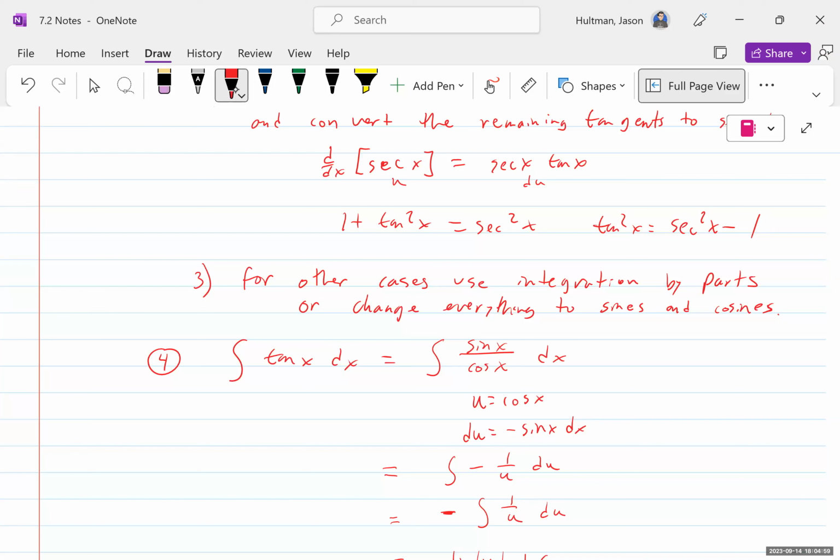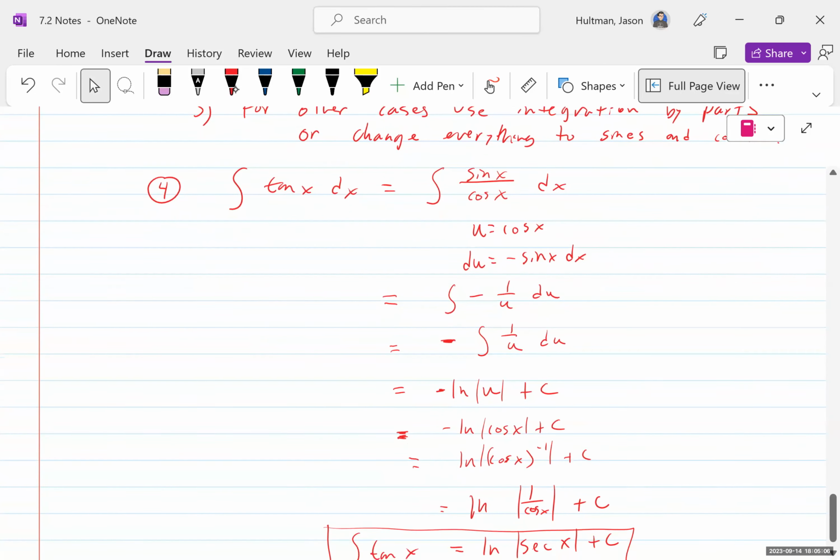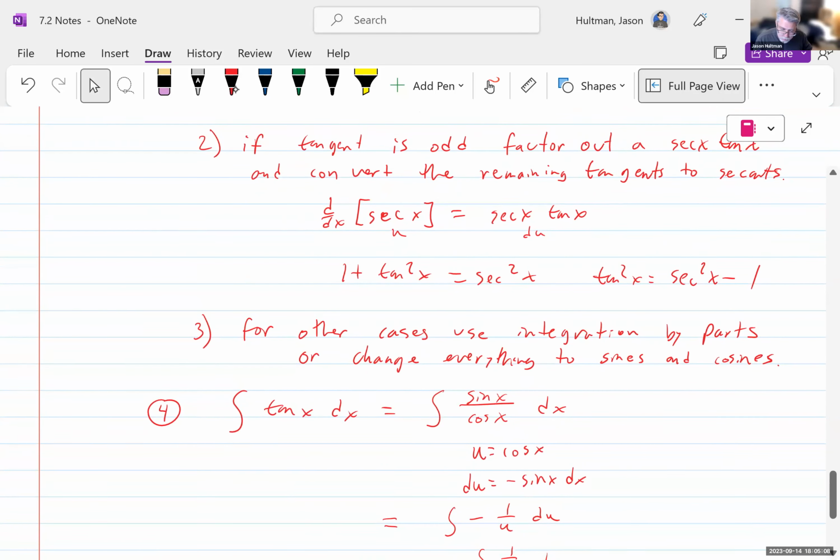Excuse me, Professor. Could you go back to rule number 2? Rule number 2, sure. It's if tangent or secant is odd. If tangent is odd, factor out a secant tangent, and then convert the remaining tangents to secants, using this guy right here.